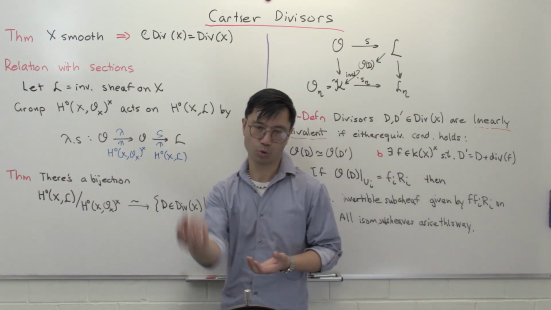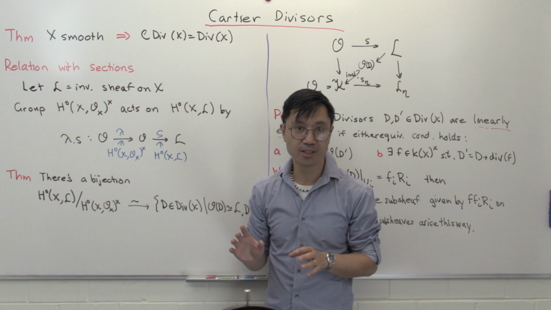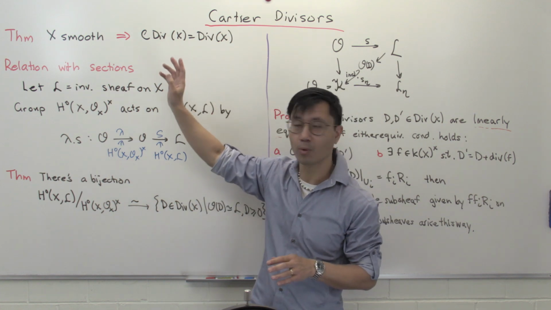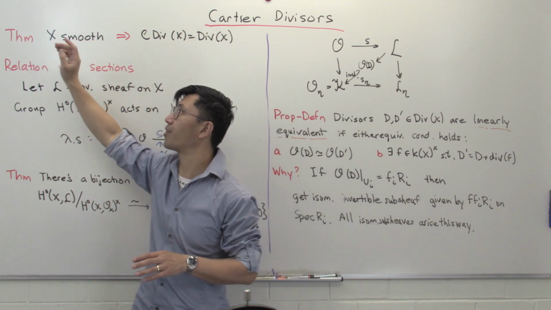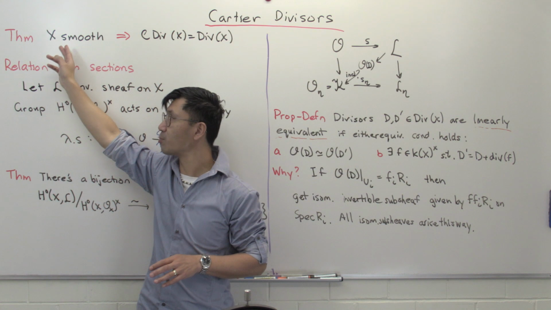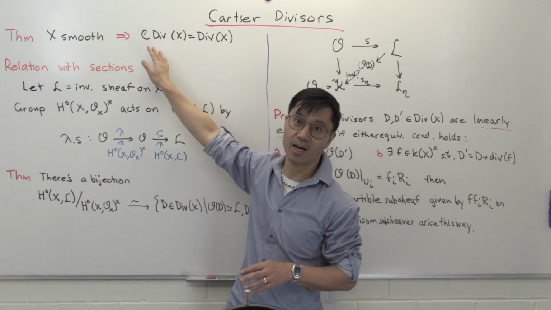One very natural question which arises is which of the divisors are actually Cartier divisors? In general, this may not be such a simple question, but we have this wonderful theorem which says that if you're in the case where this quasi-projective variety X is smooth, then in fact every divisor is a Cartier divisor.